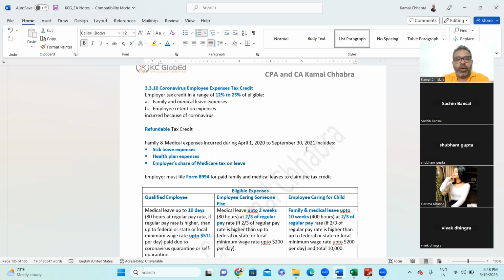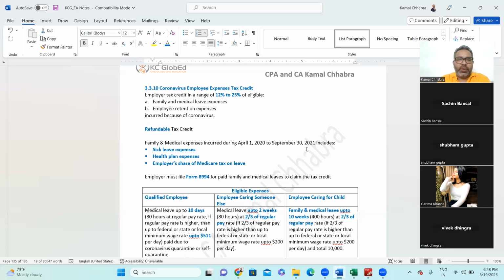Here the employer will get the tax credit in a range of 12% to 25% of the eligible expenses, and the eligible expenses include family and medical leave expenses, because during the COVID time you have seen there were so many family emergencies, right?